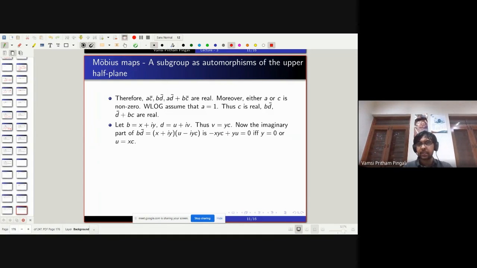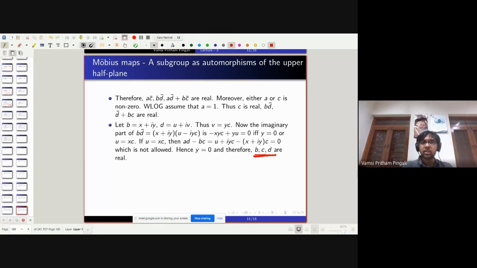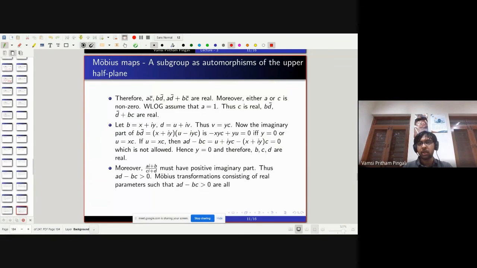When the dust clears, the bottom line is you will see that all of them are real. This is a calculation you ought to do. I won't go through it. So the bottom line is, maybe I've written it here.